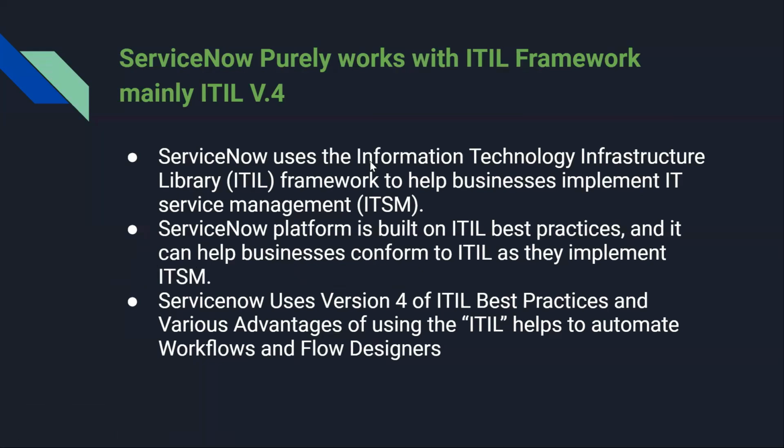ServiceNow uses the Information Technology Infrastructure Library to help businesses implement and match service management requests. Coming to the platform, we'll be using all the best practices that are allowed in this ITIL. That is one big advantage, where most of the things are automated for us and provided as out of the box functionality. What is out of the box?